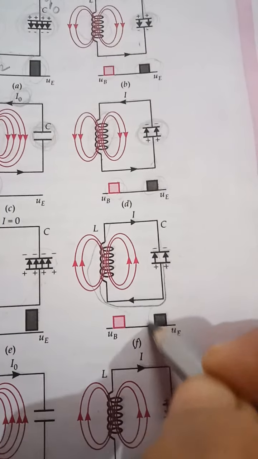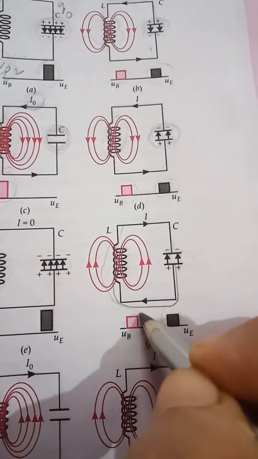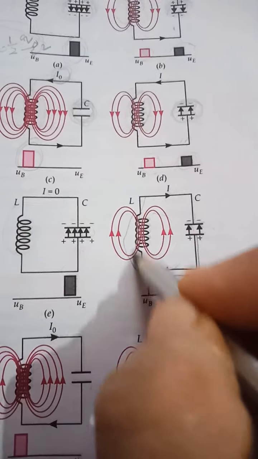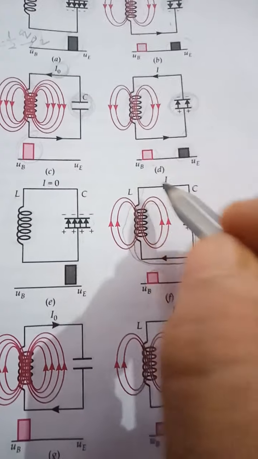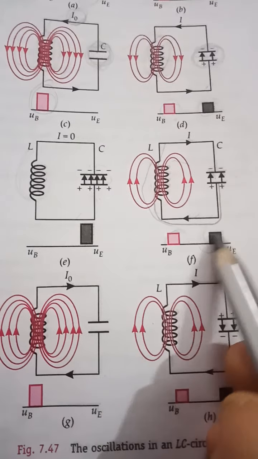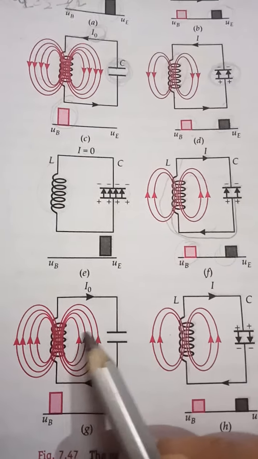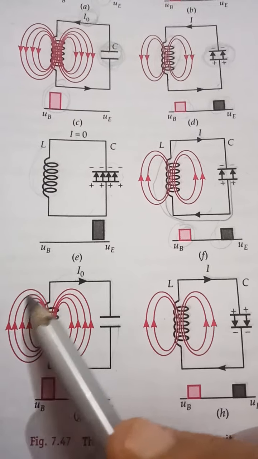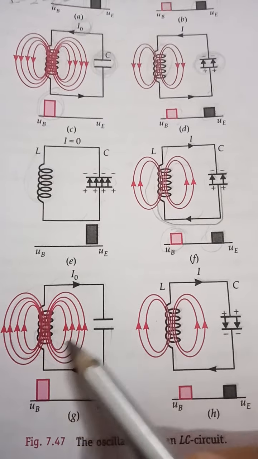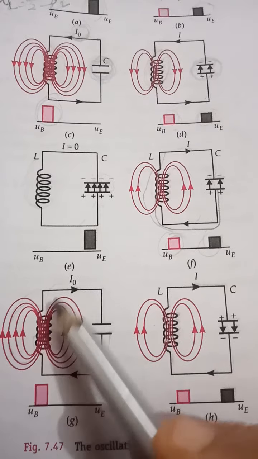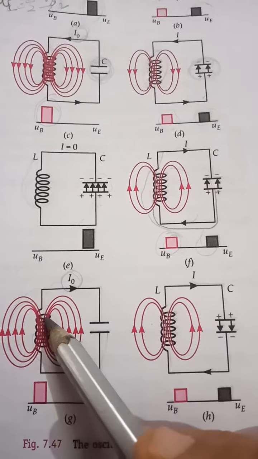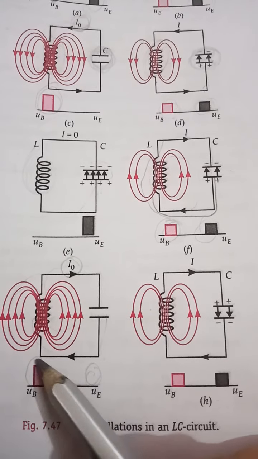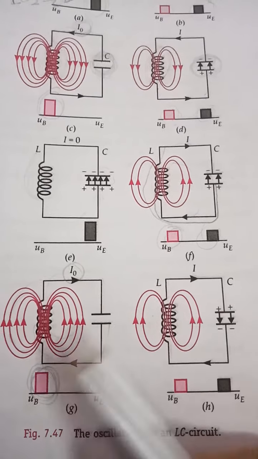The electrical energy is converted into magnetic energy, and the flux in the inductor continuously grows. When the capacitor is fully discharged, the magnetic field associated with the inductor is maximum, the current reaches its maximum, and the electrical energy is completely converted into magnetic energy.